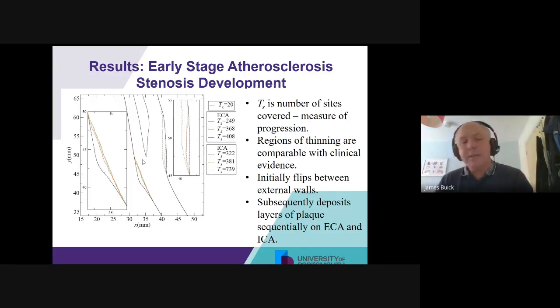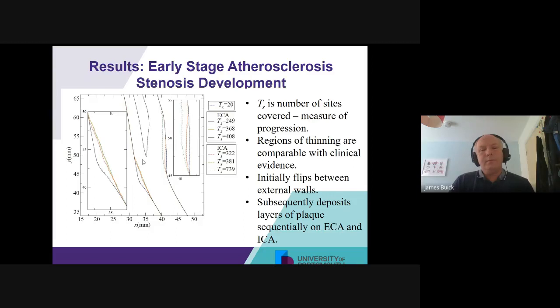What the results show is that the plaque is laid down in layers. For the first 20 TS, it's sort of randomly done between the internal and the external. After that, it lays down a big layer on the external carotid artery on the left-hand side. Then it puts down a layer on the right-hand side on the internal carotid artery, and then it switches from one side to the other, laying down consecutive layers of plaque.